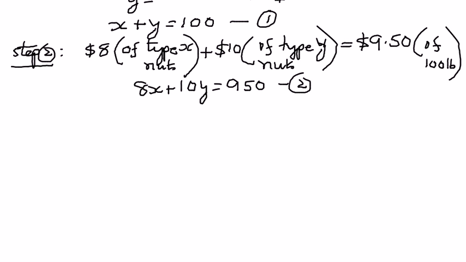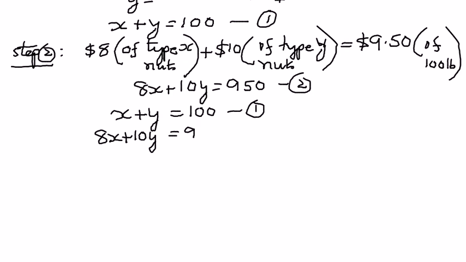So the system of linear equations are as follows. X plus y is equal to 100. This is equation number one. And 8x plus 10y is equal to 950.